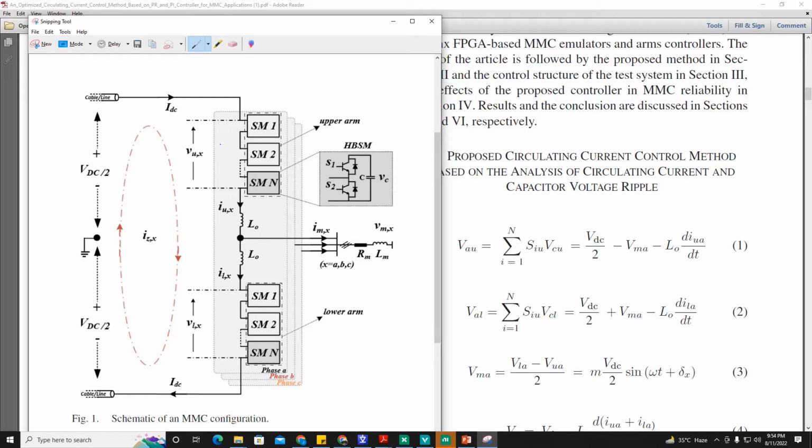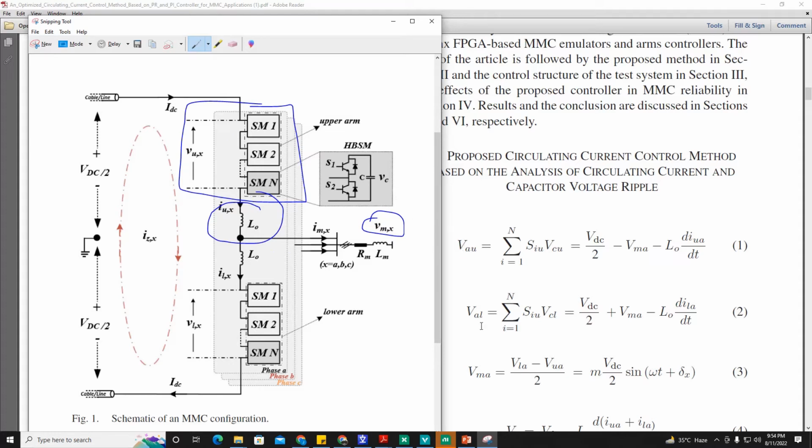This VAU, upper arm voltage, is equal to VDC by 2 minus the terminal voltage VMA, minus the drop across this inductor, which is L0 dIUA, the upper arm current, over dt. So this is the upper arm voltage in phase A.